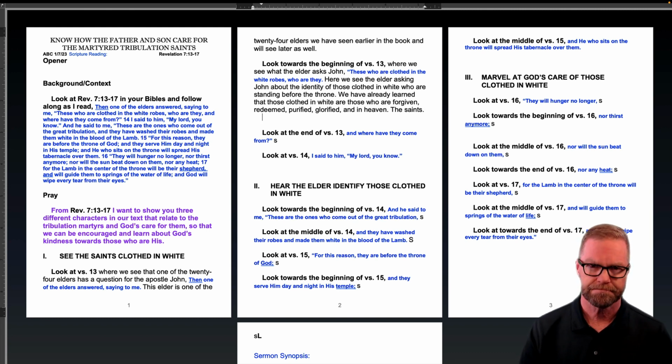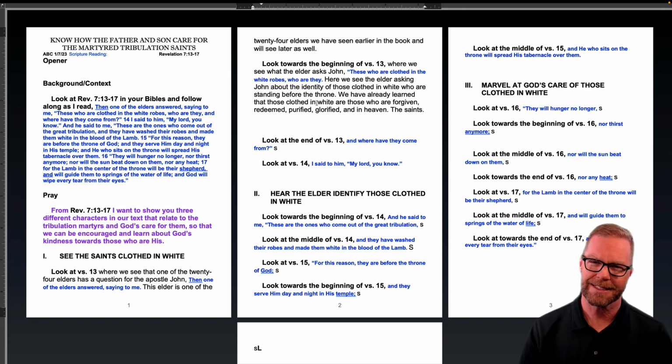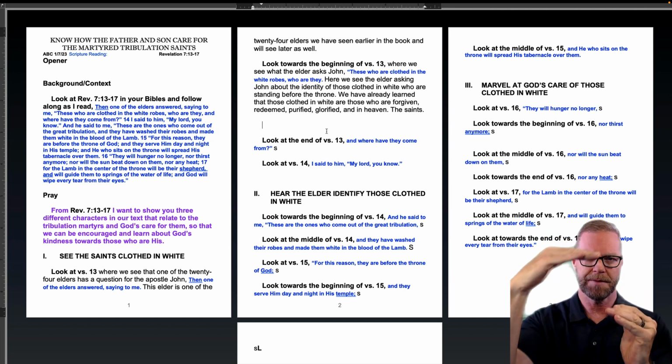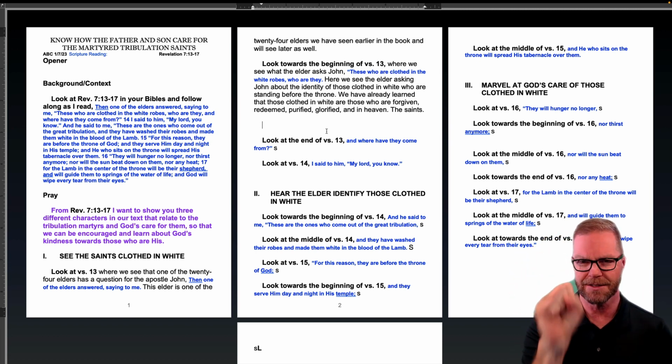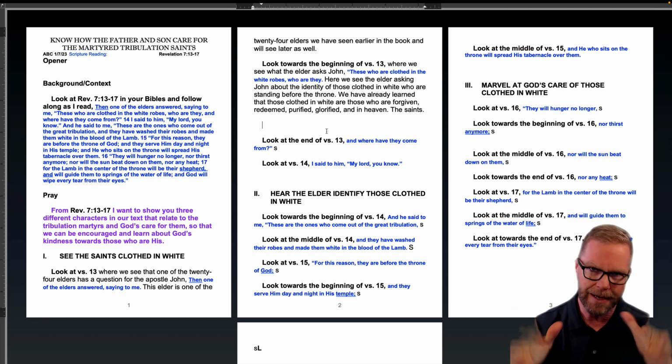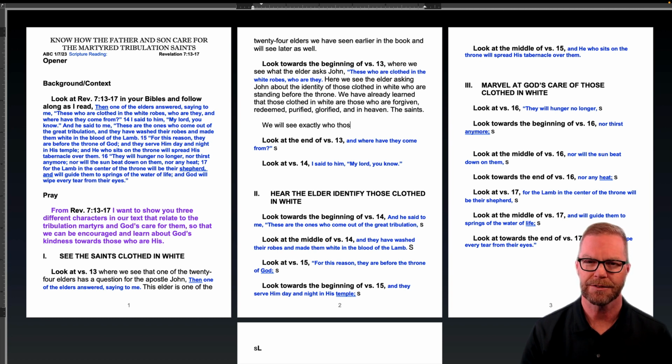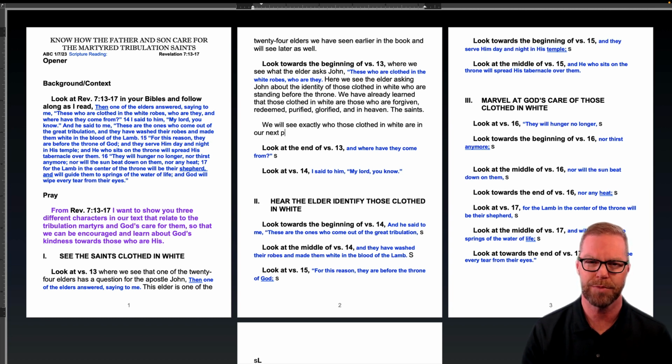And then when I get a paragraph and it gets much longer than this, I break it up, because when I'm looking at my notes, if the paragraph is too big, it's hard for me to find it. But in a paragraph like this, I can just look at it and get a snippet in my mind and go for it. So what I'm going to do now is just say, we will see exactly who those clothed in white are in our next point.